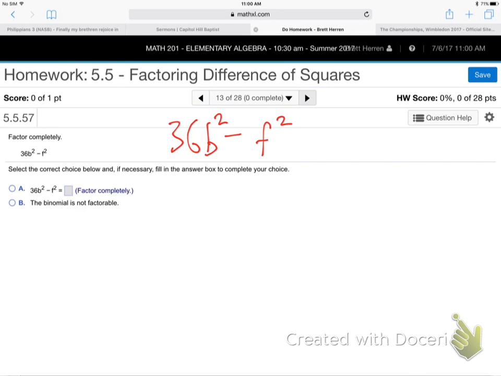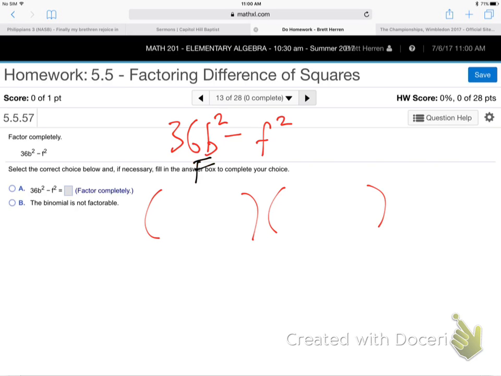It's good to go as it stands. So it's an FL.